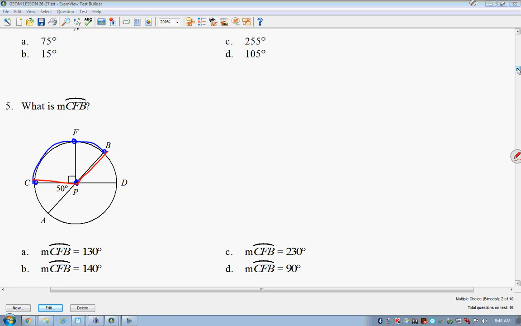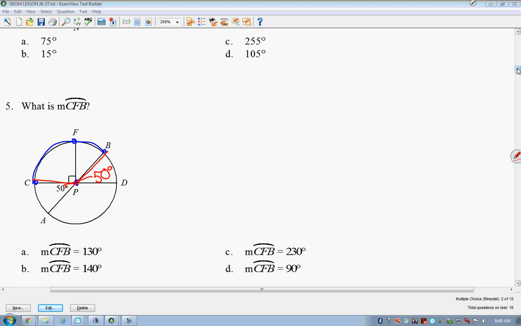So you're looking for vertical angles, but 50 is vertical to something. It's just not vertical to FPB. It's vertical to BPD. So BPD is 50 degrees, and we can use that to solve. Not exactly.